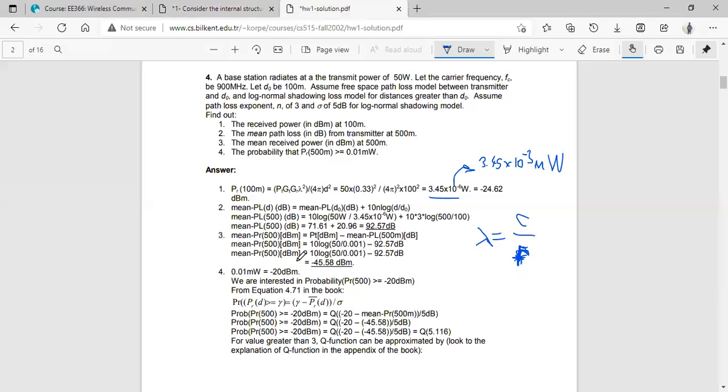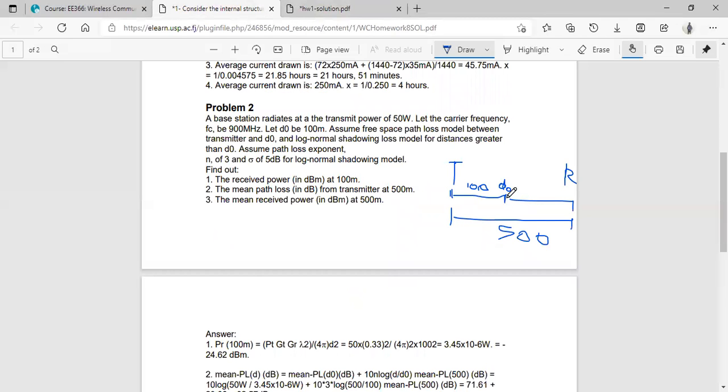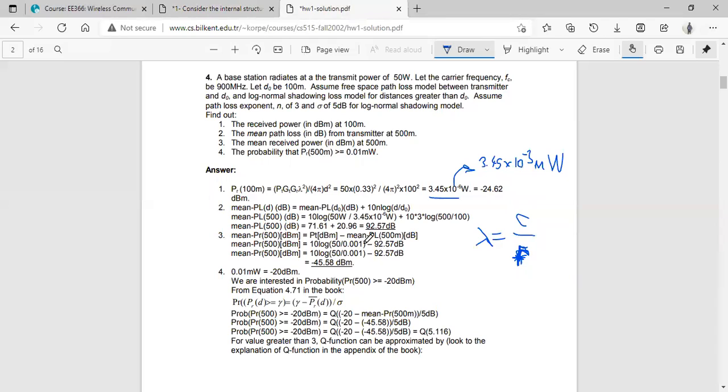Again, the mean path loss in dB is equivalent to the mean path loss at d0, or basically the mean path loss between the transmitter and the point d0, plus 10 n log d upon d0.